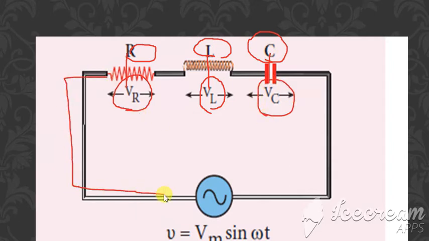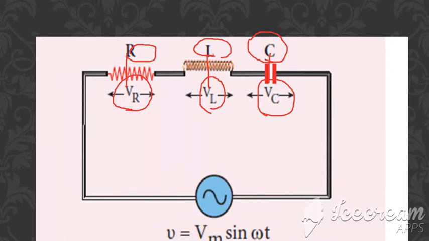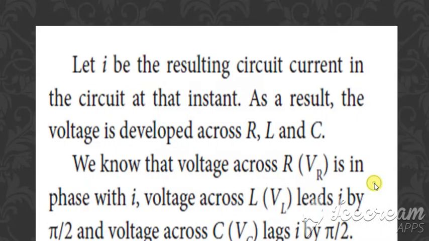And all these three are connected to an alternating input, given by V is equal to Vm sin omega t. Okay, so this is the value of V which is being connected here. When it is connected like this, we have to note the current and the voltage. So let I be the current.